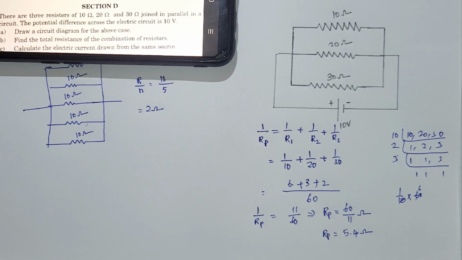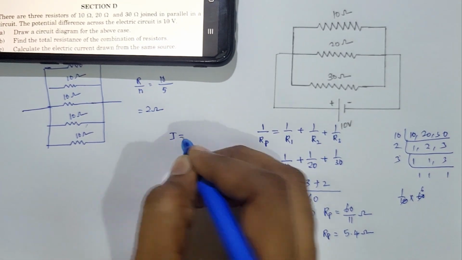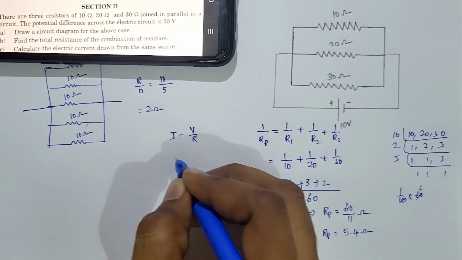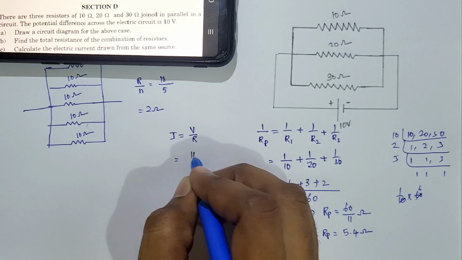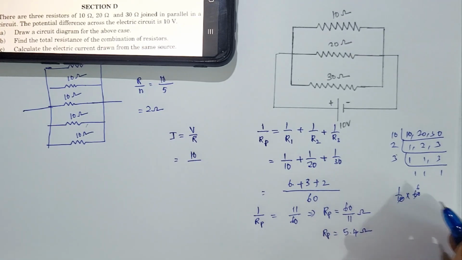Generally, they will ask like this only; they will combine Ohm's law and combination of resistance. So to calculate the electric current, I is equal to V divided by R. How much is the voltage? 10 divided by R. You can take 11 by 60 or 60 by 11, or 5.4 also.